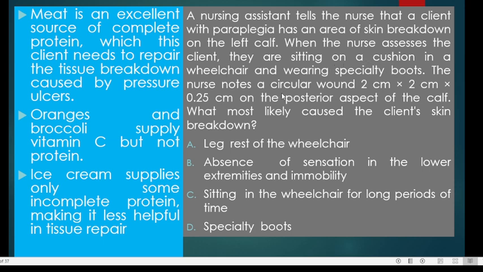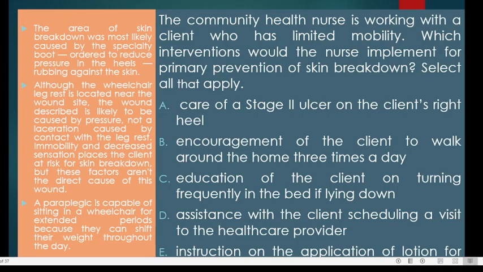The nurse notes a circular wound, 2 by 2 by 0.5 centimeters, on the posterior aspect of the calf. What most likely caused the client's skin breakdown? Specialty boots. Great, thank you. D. The area of skin breakdown was most likely caused by the specialty boot, ordered to reduce pressure on the heels, rubbing against the skin.